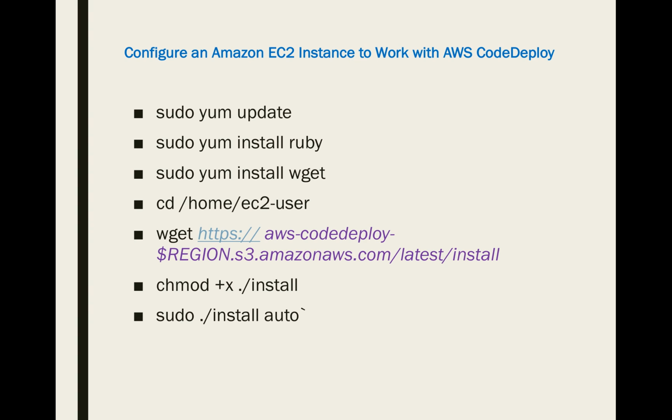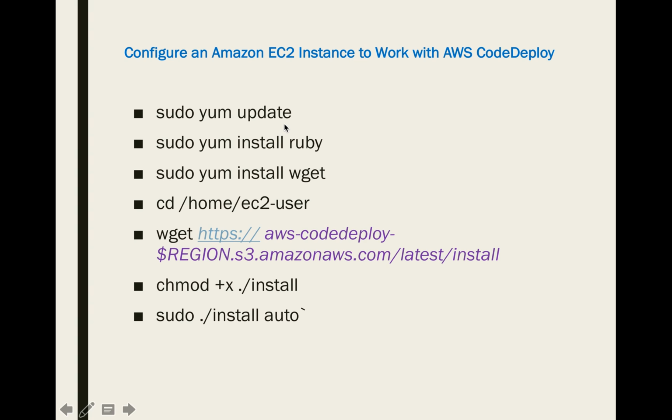Okay, so configure an Amazon EC2 instance to work with CodeDeploy. Before you use this service, you need to ensure the following steps are followed in the EC2 instance, so that it can talk to the Amazon CodeDeploy service.